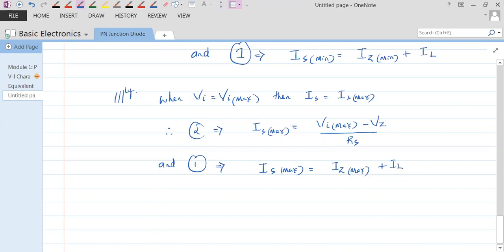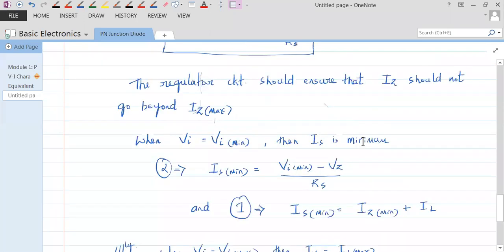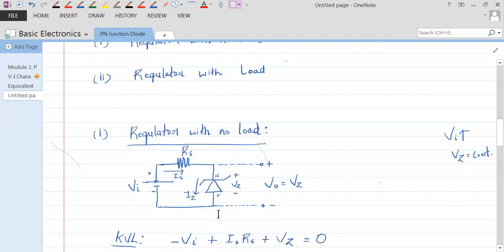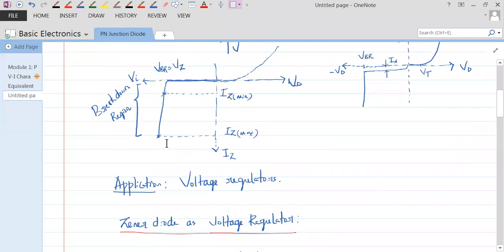So why did we obtain all these equations? Because it is very clearly told that the regulator circuit has to ensure that Iz should not go beyond Iz max. That means Iz should be within this operating range. If it goes beyond Iz max, then it's not safe.